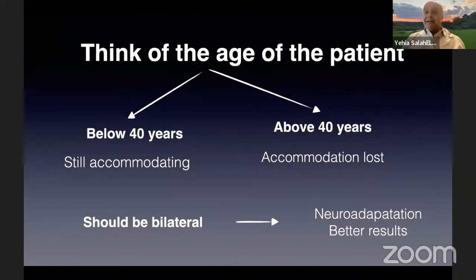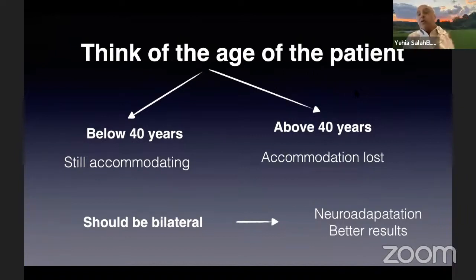So how to think of the patient? Always, when we see a patient coming for clear lens extraction, if the age of the patient is below 40 years, nothing is valid for him. Remember that he is still accommodating, so try to keep his lens. This should be the last resort.